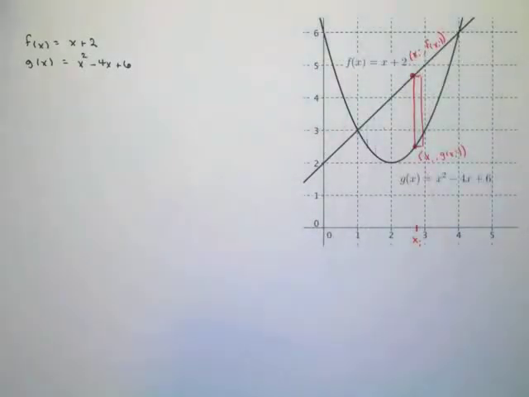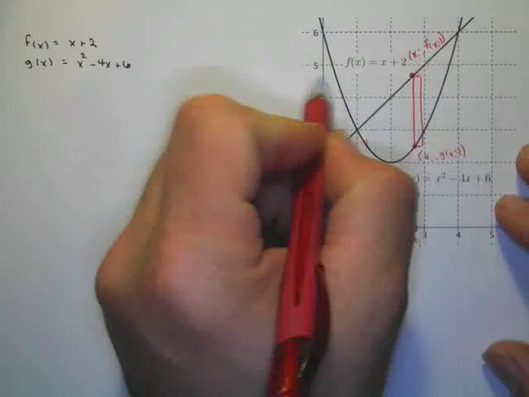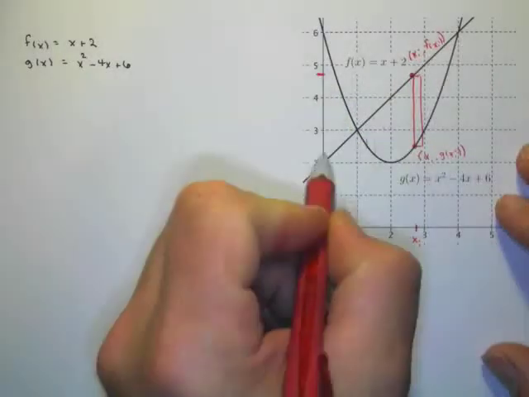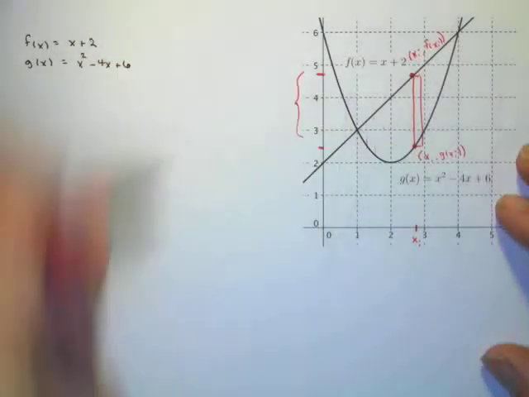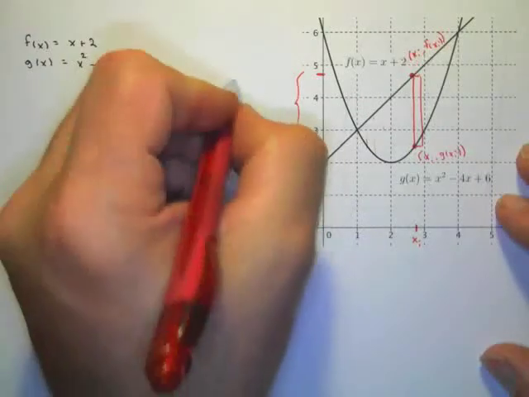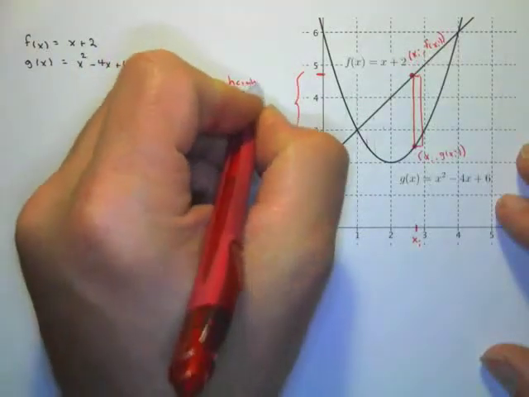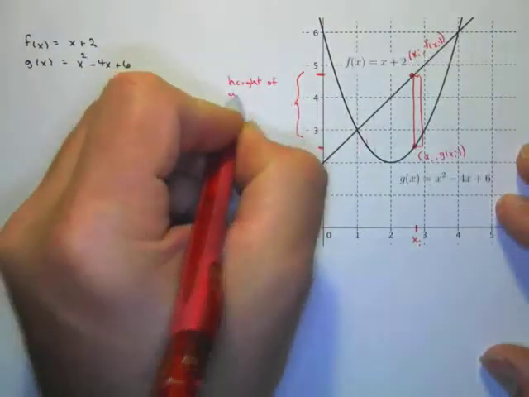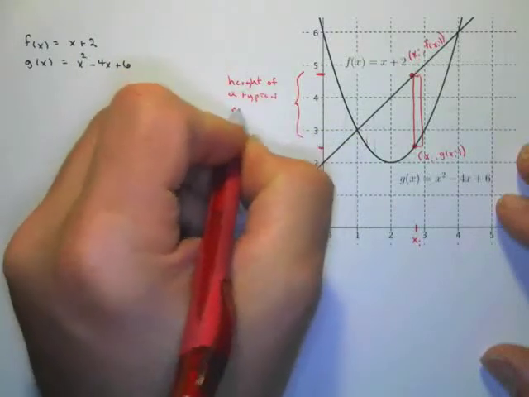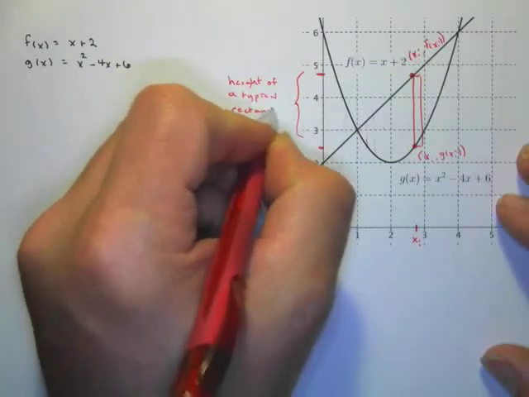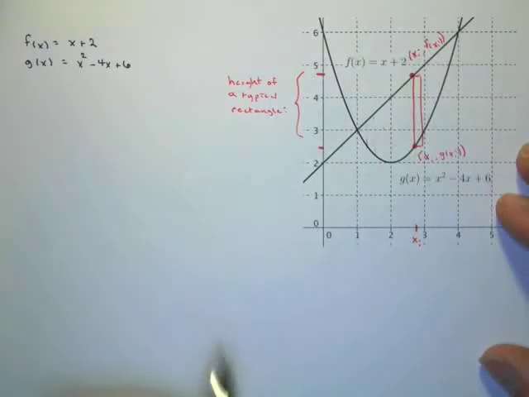Now, that's fairly useful because knowing the coordinates of those points, I can come over here and talk about this height, or this distance right here, which is the height of the typical rectangle. And we'll give that an algebraic expression.